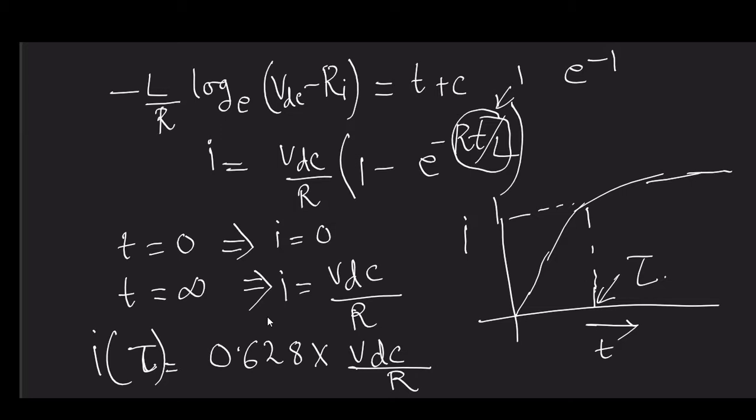Just a minute, let me calculate. It will give you exponential minus 1. This term will give you 0.3687. So if you subtract it from 1, what you will get is like point.